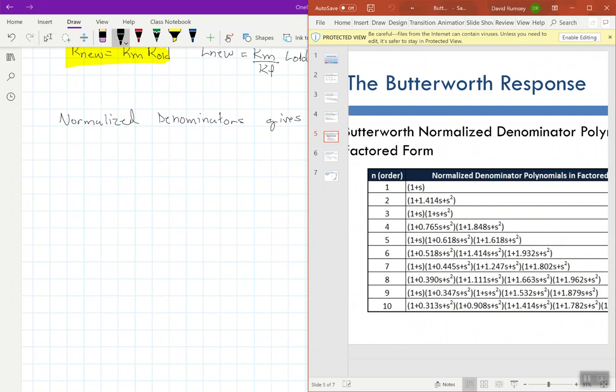So for the biquad stages here, if we see here we have 0.765 and 1.848 for a fourth order filter.